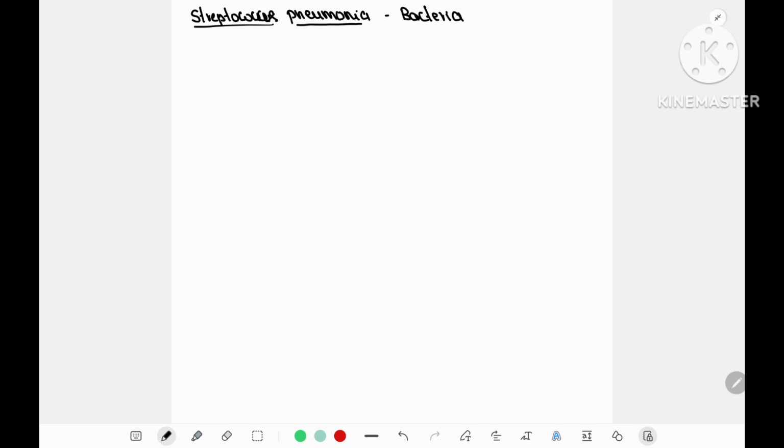So let us know the structure of Streptococcus pneumoniae bacteria. Streptococcus pneumoniae is a bacterium known to cause a disease called pneumonia in many animals, including human beings.